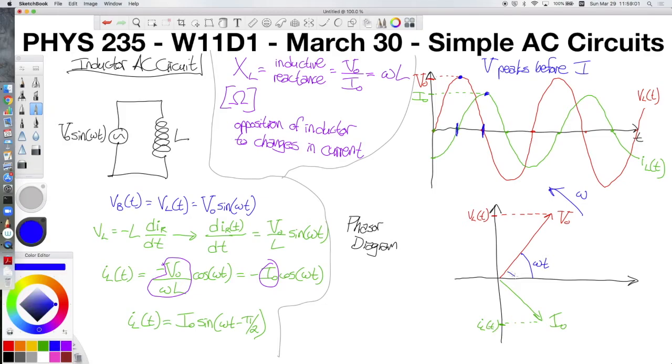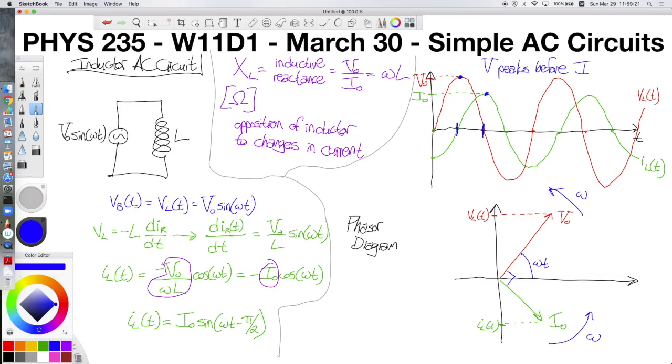Where again, these vectors are going to be 90 degrees from each other, and both of them orbit around the origin at omega. So as we look at the y components of these vectors, the y component of the V0 vector will hit its maximum when V0 passes the y-axis.